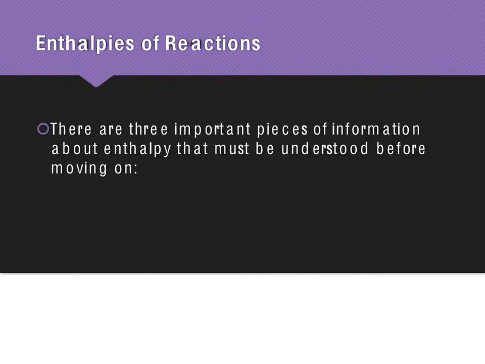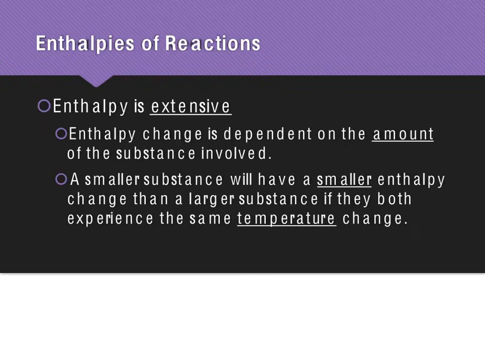However, before we even get to that point, there's 3 pieces of information you got to understand about enthalpy. Number 1, enthalpy is extensive. This is the opposite of intensive, but extensive means that the enthalpy change is dependent on the amount of the substance involved. That means that a smaller substance will have a smaller enthalpy change than a larger substance if they both experience the same temperature change.